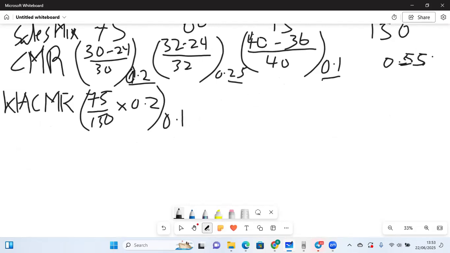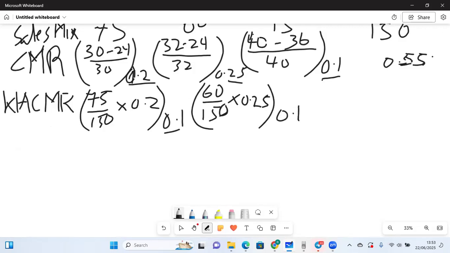The next one is 60 over 150 times 0.25, which is also 0.1.